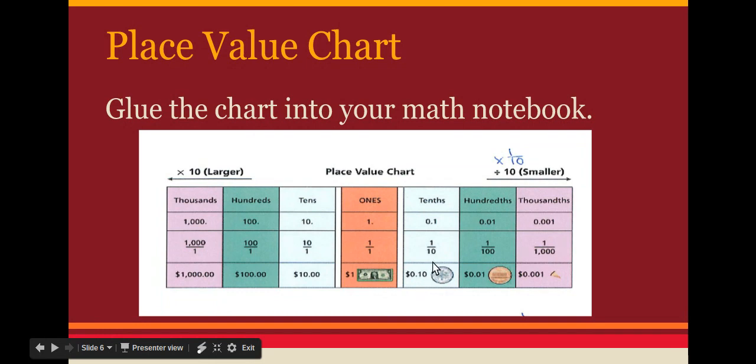And for the decimal numbers, 1/10 would be 10 equal parts of $1, which is 1 dime or 10 cents. 100th would be 1/100th of a dollar, which is the same as a penny because it takes 100 pennies to equal $1. Thousandths then is 1/10 of 1 penny. So it's not even 1 penny in value.